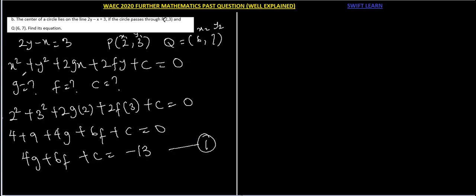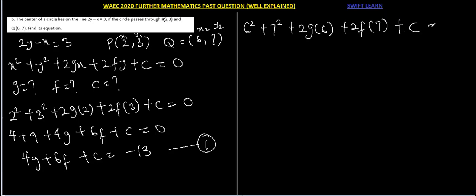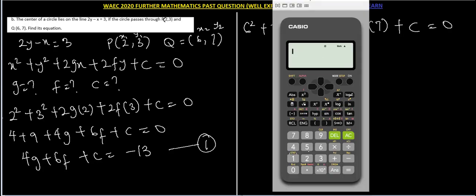Now for equation 2, the same thing we did there. You put 6 for x, 7 for y. That will be 6 squared plus 7 squared plus 2g bracket 6 plus 2f bracket 7 plus c equals to 0. So 6 squared plus 7 squared is 36 plus 49. So what is 36 plus 49?